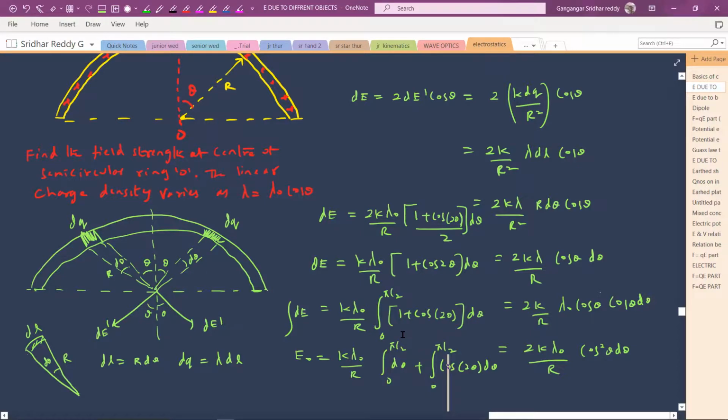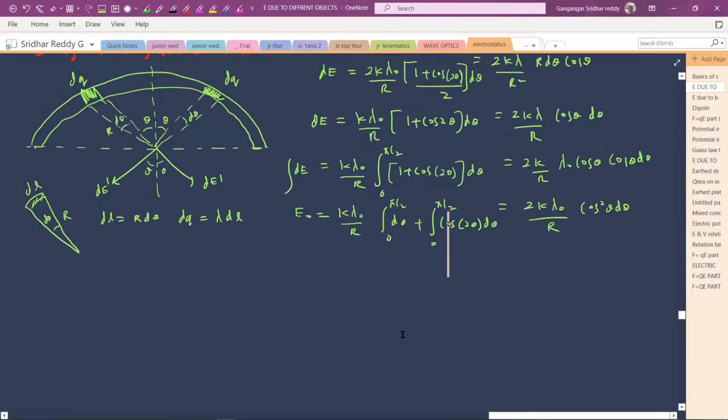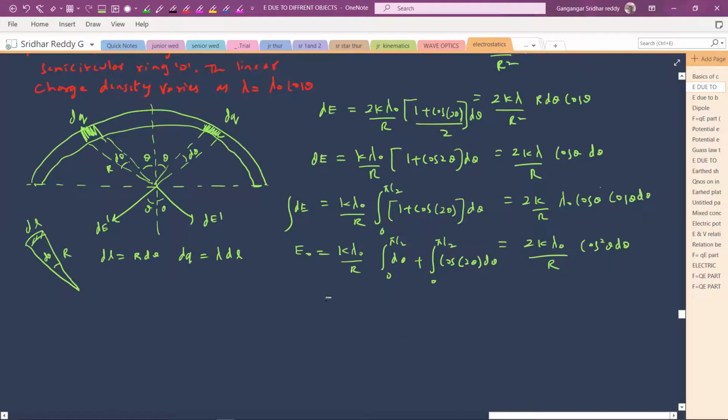Solving this, the integral of cos 2 theta will be 1 by 2 sine 2 theta, with limits 0 to pi by 2.